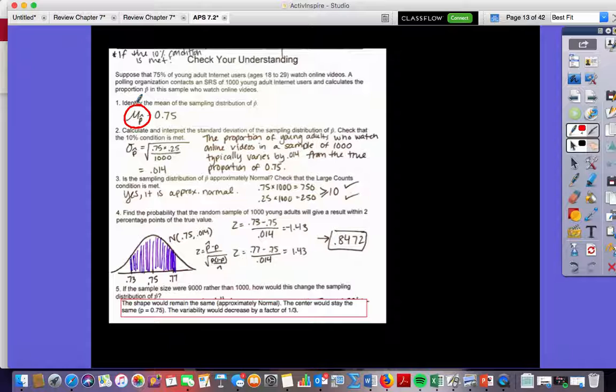That mean was 0.75, and the formula states that it's equal to p. If you got that right, give yourself 1 point. Technically, on the test, write the formula first, then write 0.75. I didn't really even do that, so shame on coach. But make sure it's equal to that 0.75. How many of you got that one right?